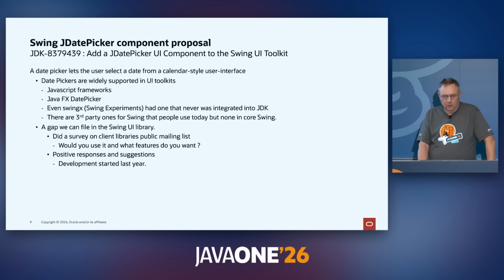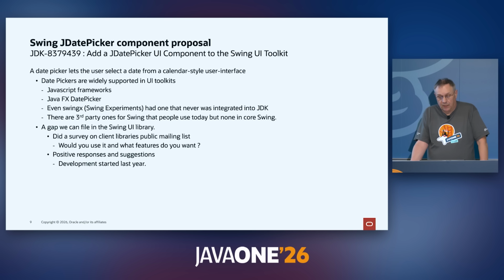There's a proposal to create a Swing date picker. So a date picker basically lets a user pick a date from a user interface that kind of looks like a calendar. JavaScript has these.